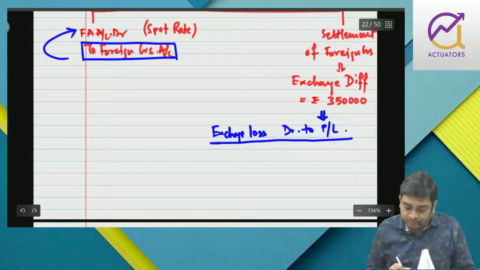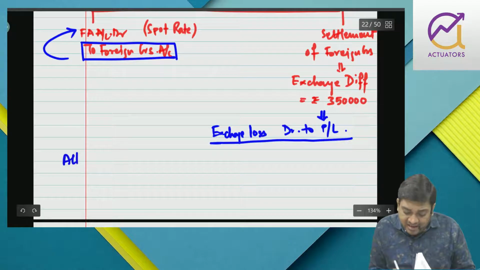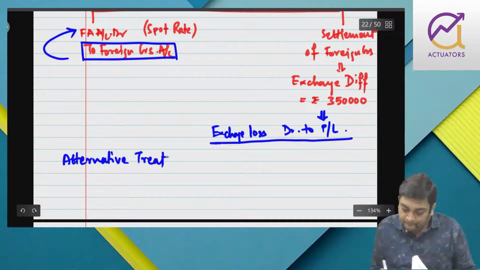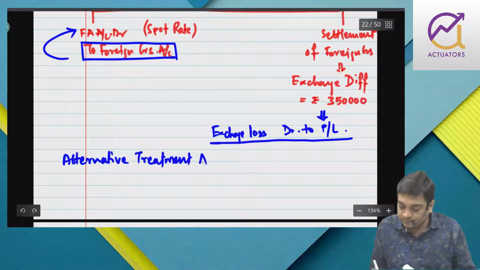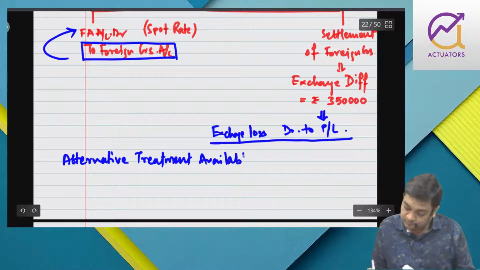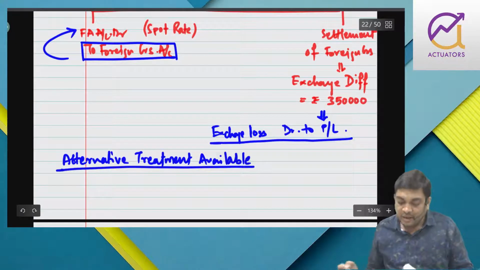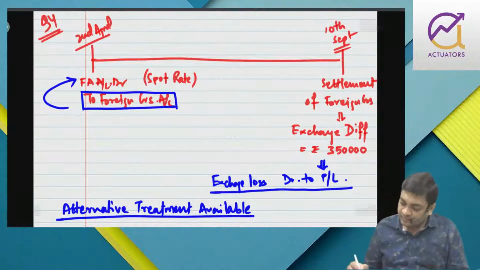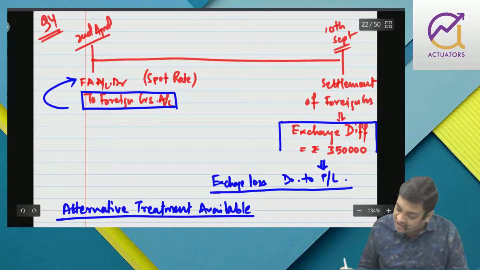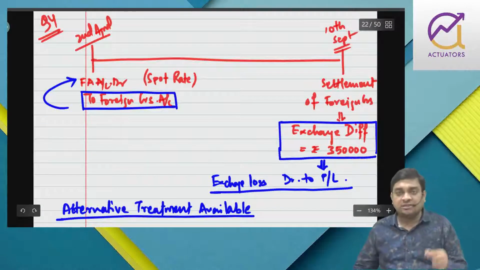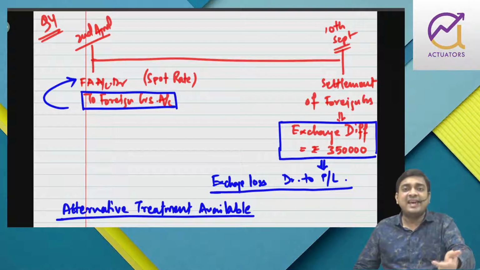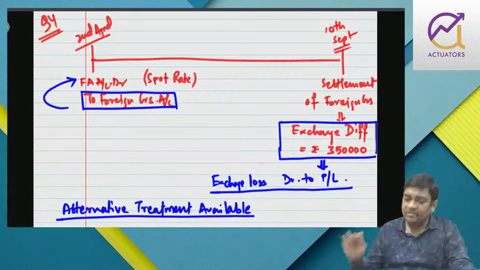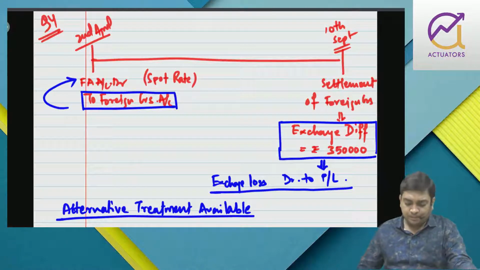Now there is one alternative treatment available. Many business enterprises will say that if I show an exchange difference of 3,50,000, whatever exchange difference arises in foreign currency transaction, that will be debited or credited to PL.